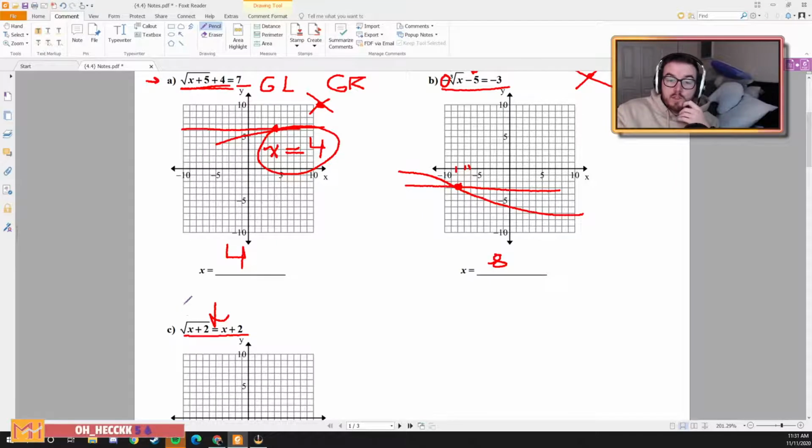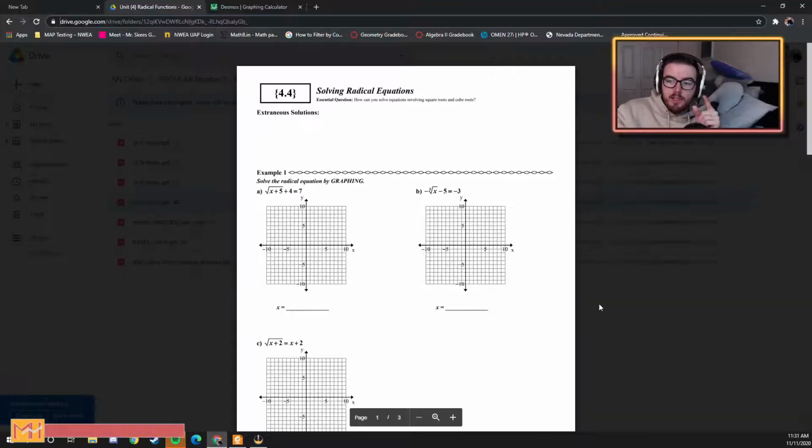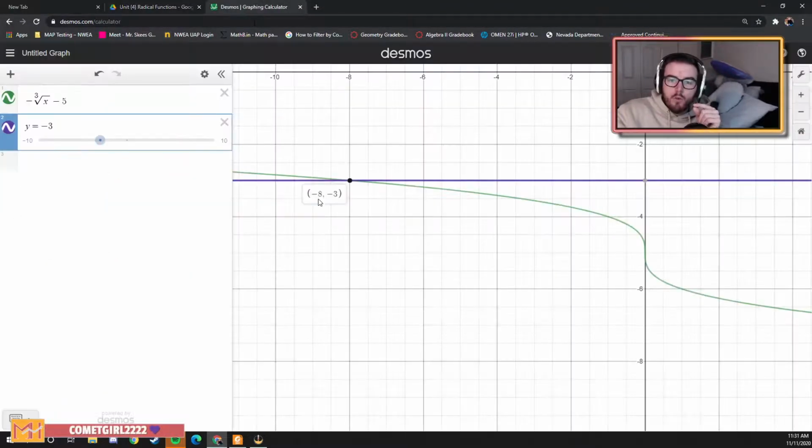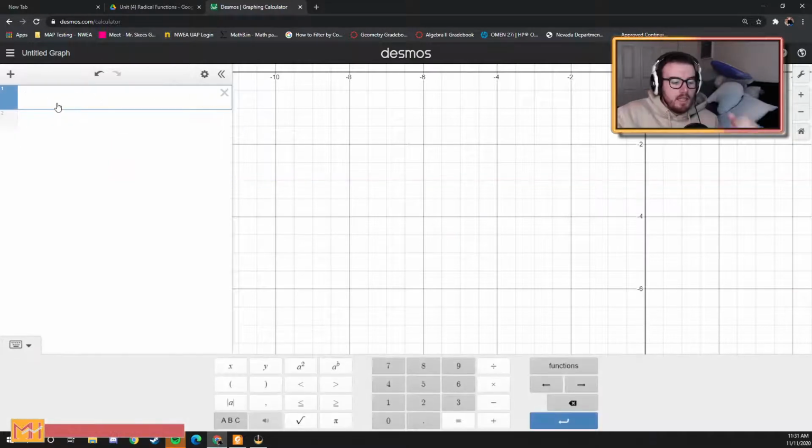So one more time, this one's a square root function, and make sure to be alert for that when you are graphing these yourself, right? Don't forget to change back to square root if necessary.